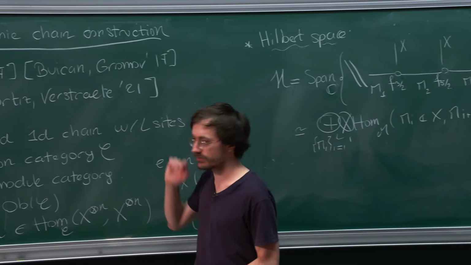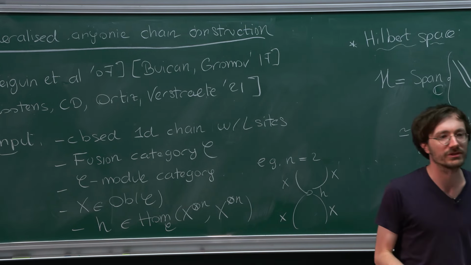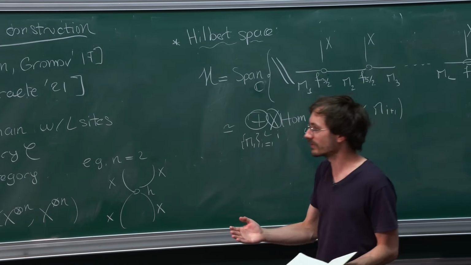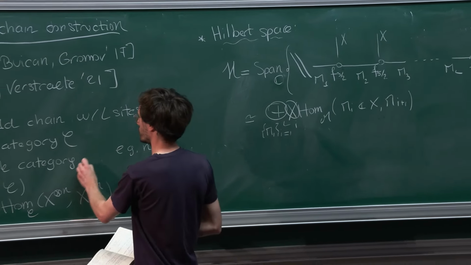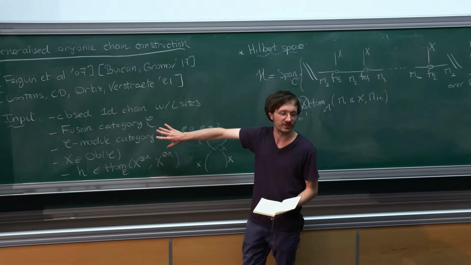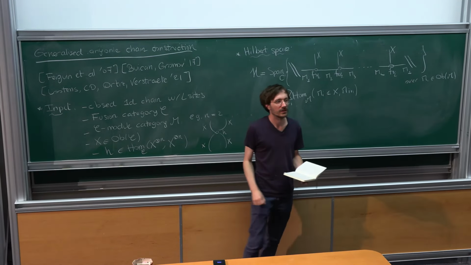You can start from a different fusion category, a different module category, a different X. There is some freedom there. Of course, the symmetry is fixed. I forgot to put M here. The symmetry is going to be detected by the dual of C with respect to M, so this has to be equivalent to the symmetry you're after, but you still have a lot of freedom.